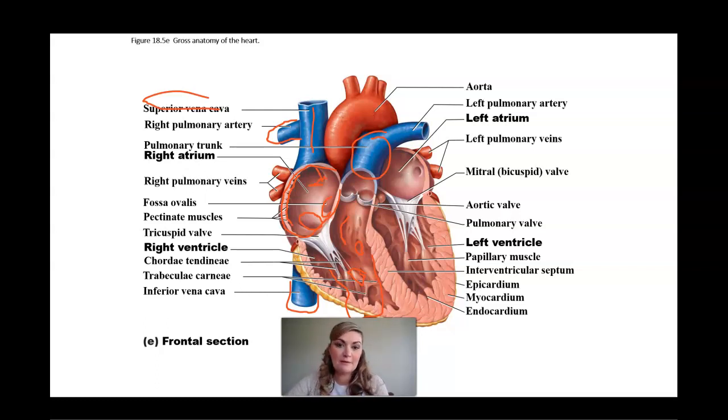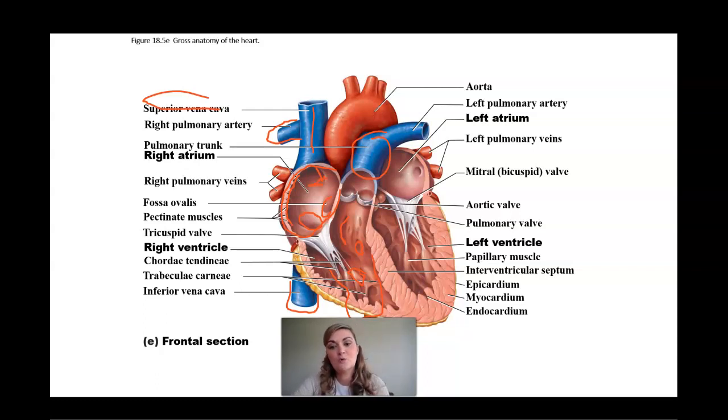So here's what happens. Blood's going to enter from that superior and inferior vena cava and come into the right atrium. The right atrium is going to contract and push the blood through the tricuspid valve and then into the right ventricle.